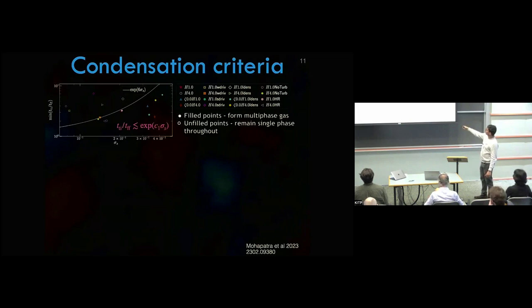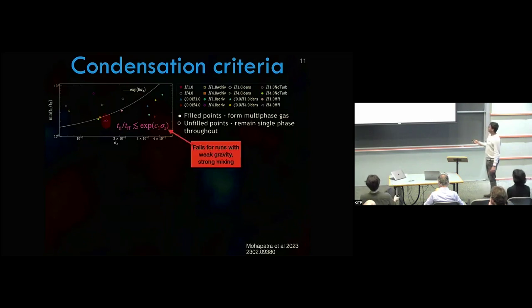So I want all these filled points to be below this curve and all the unfilled points to be above on this left side. Okay. But what's happening is that there are two runs with weak gravity for which this condensation criterion doesn't work. And this is very close to what Mark Voit's proposal was in the 2021 paper. So only a couple of simulations don't work very well.